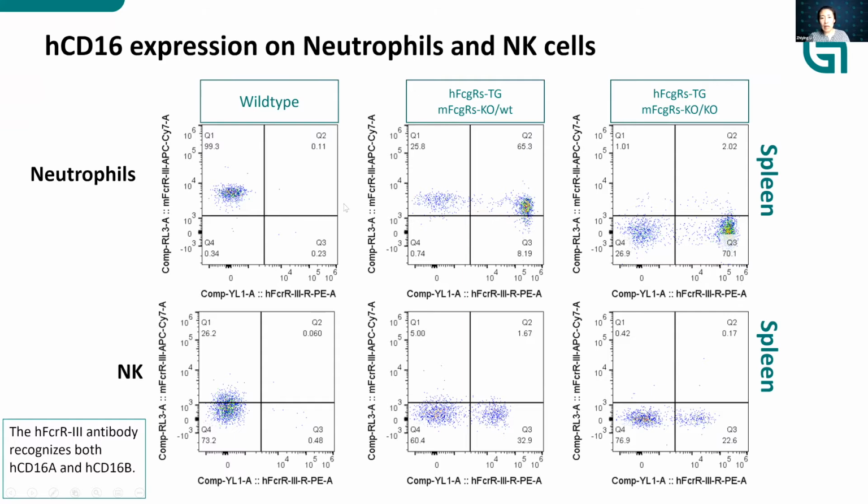In this situation, as you can tell on the top portion, it is recognizing the mouse neutrophils when using the mouse antibody, and it is also recognizing the neutrophils in a fully humanized animal with the absence of the mouse FcγR. The NK cell, again, similar to before, this antibody could detect the NK cells expressing the 16A.